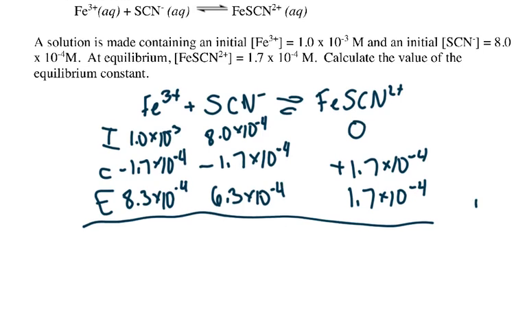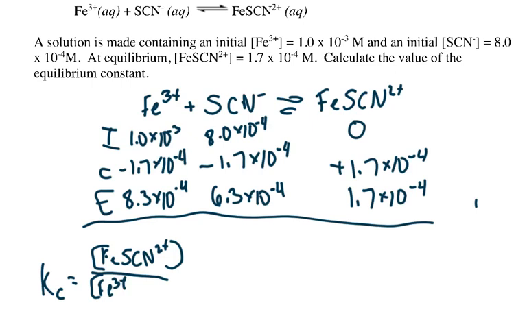Then I know that my Kc is going to be my complex ion divided by my iron 3 times my thiocyanate.